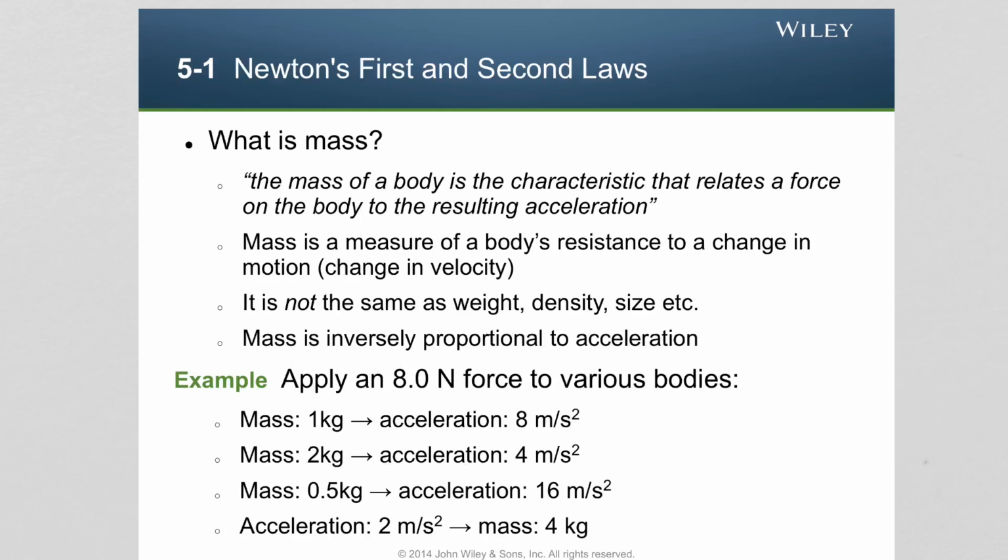Small mass is easy to manipulate to make it accelerate, decelerate, or change its direction of motion. And heavy mass is much harder, compared to lighter mass, to accelerate, decelerate, or change the direction of motion of. And so, small mass means small inertia, which means it's easy to make the mass move in a certain way. Large mass means large inertia, which means it's harder to make that mass move in a certain way.